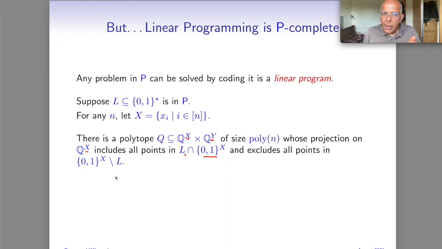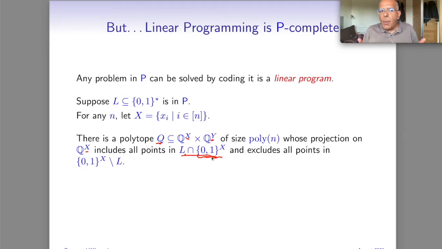Now, the extended formulation we had before for TSP and matching was requiring something stronger of the polytope. It was requiring that its projection Qx is exactly the convex hull of the 0, 1 points that are in the language.